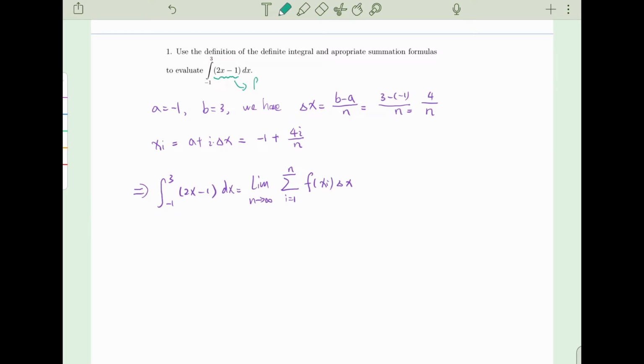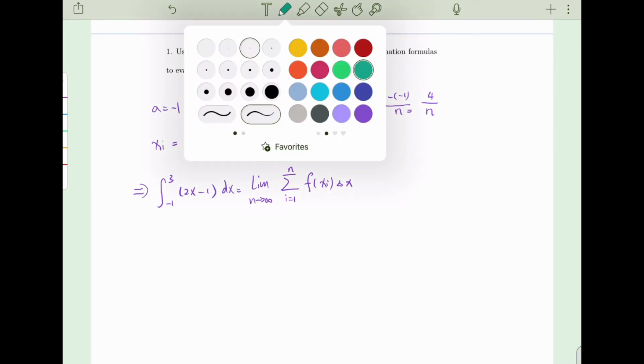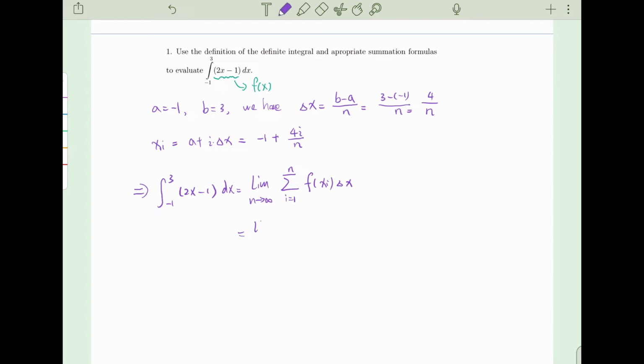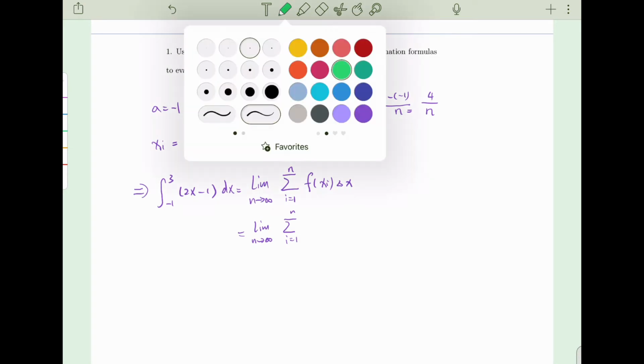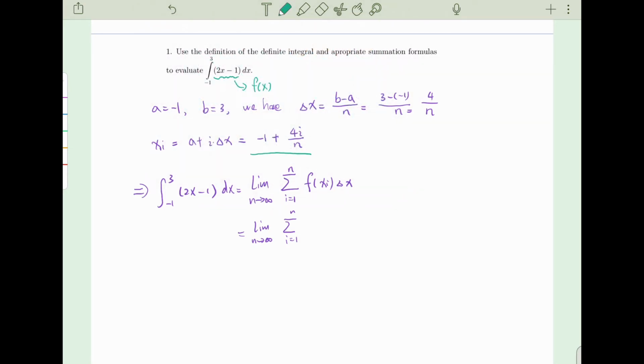This is f of x. And now I plug in this xi, which is -1 plus 4i over n, into f, right? So I'm gonna replace the x in the expression by this guy here.